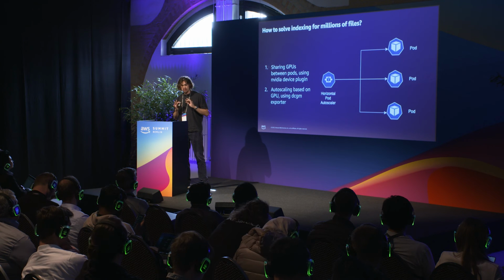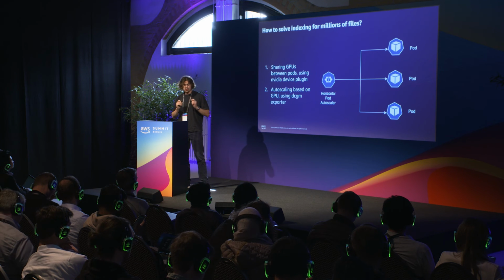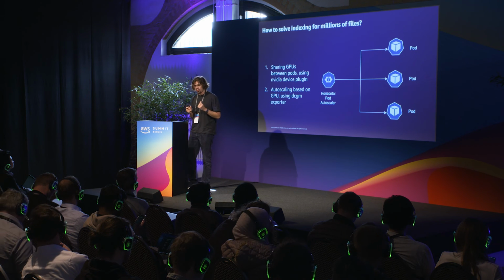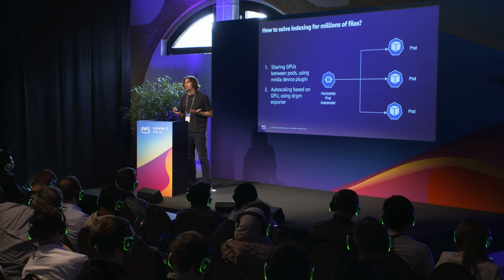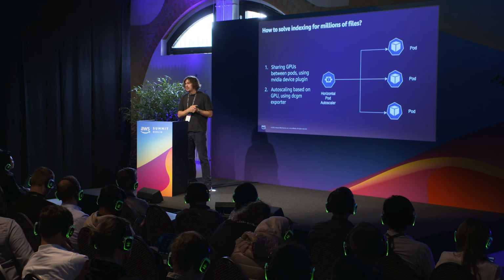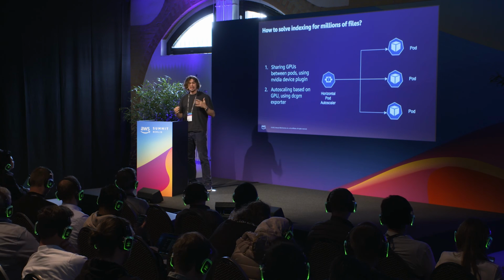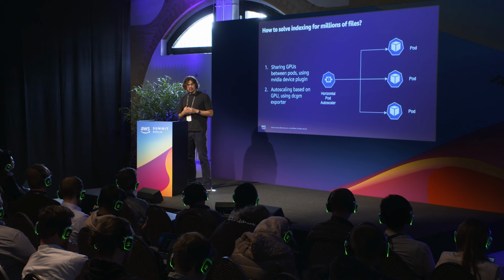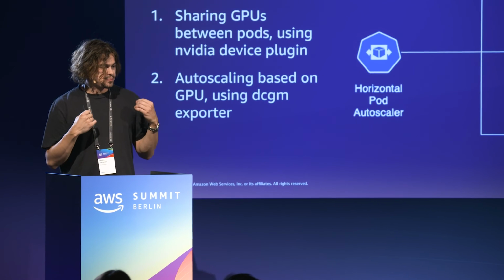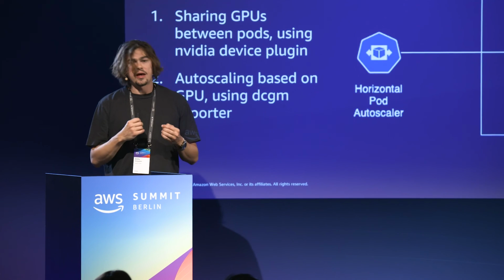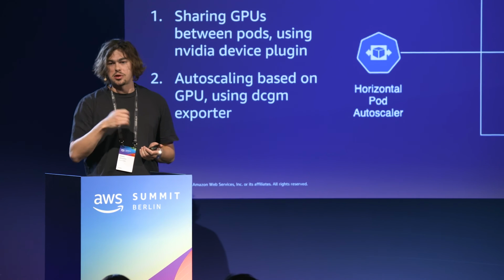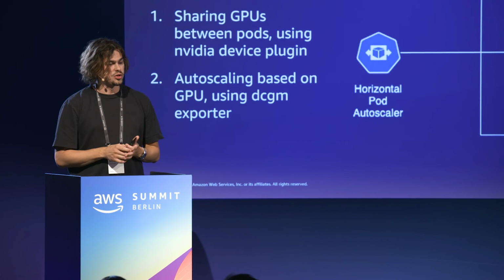to enable your Kubernetes to work with GPU as a resource, the same sort of resource as CPU or memory, you can use the Nvidia device plugin that will make GPUs a first-class citizen of your Kubernetes.